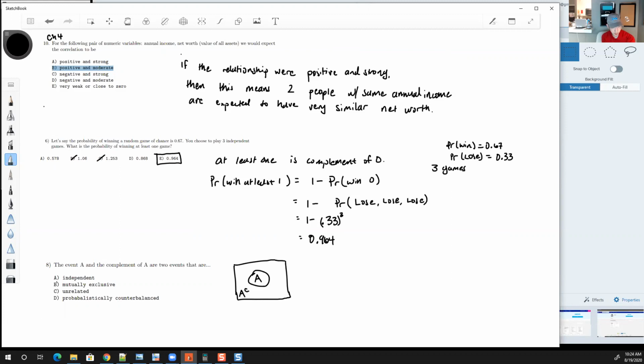They are mutually exclusive in that both cannot happen at the same time. Both A and the complement cannot happen at the same time, which makes them mutually exclusive.